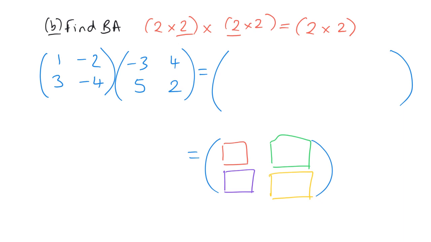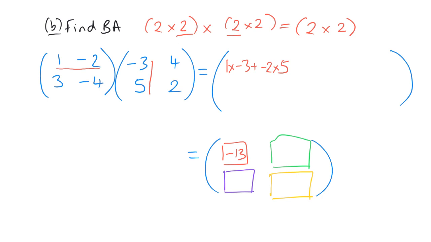So for the red box then, it's in the first row and the first column. So we multiply the first row by the first column. So that's 1 by minus 3 plus minus 2 by 5. So that gives us minus 3 minus 10, which is minus 13.